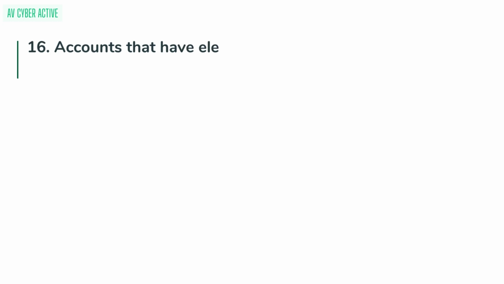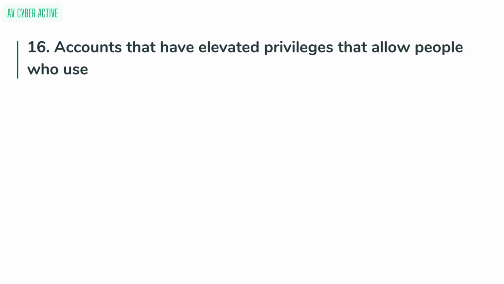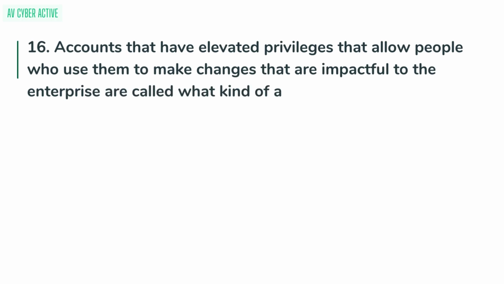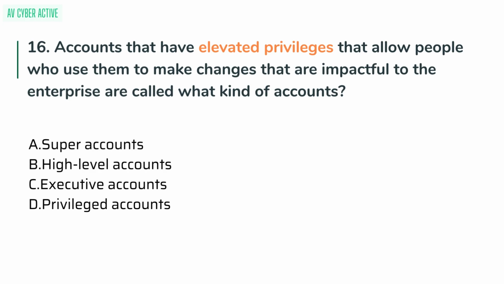16. Accounts that have elevated privileges that allow people who use them to make changes that are impactful to the enterprise are called what kind of accounts? A. Super accounts. B. High-level accounts. C. Executive accounts. D. Privileged accounts.